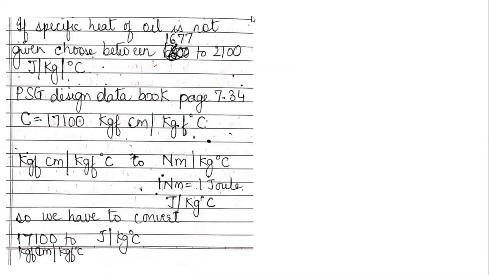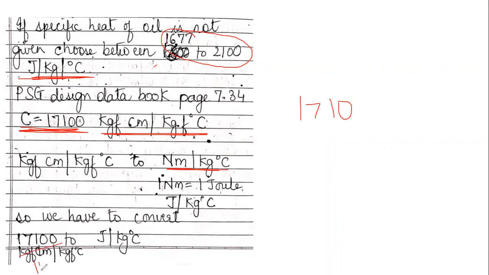If specific heat of oil is not given, you'll be choosing it between 1677 to 2100 joule per kg degree C. Now, I already told you that for us, the value will be 1710. But in the PSG design data book, the value of C is given as 17100 kgf centimeter per kgf degree C. You'll have to convert it into Newton meter per kg degree C. So simply you will divide this value by 10.